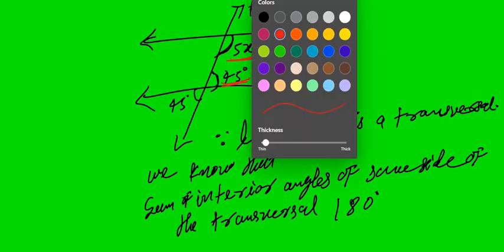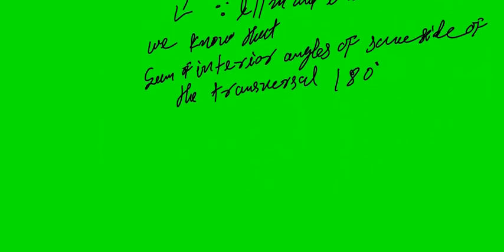So here we will use this and we will get the solution. So here I am writing, now 5x plus 35 degrees plus 45 degrees is equal to 180 degrees.